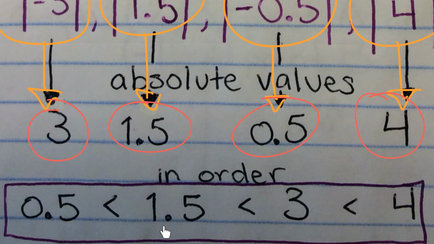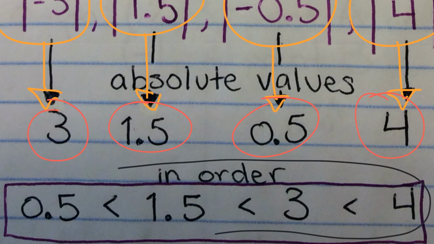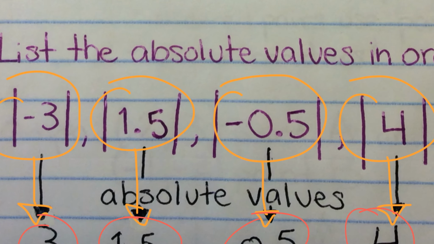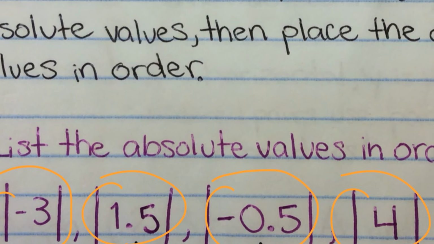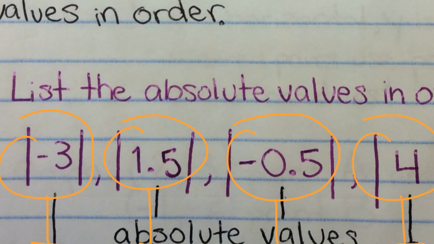Then 1.5 is the next biggest, and 3, and then 4. If you notice, this set in this order of the absolute values, 0.5, 1.5, 3, and 4, is a different list than actually writing the numbers in order like we did a little bit ago, right?